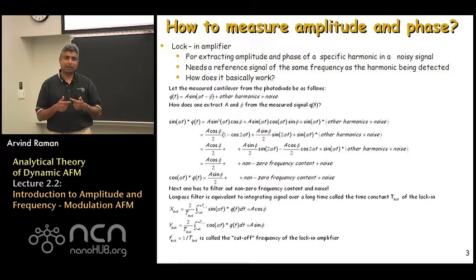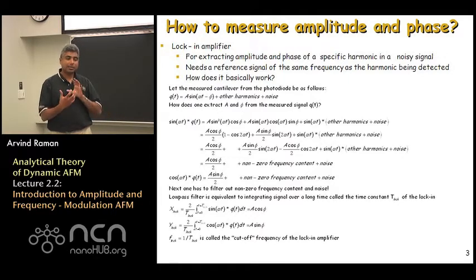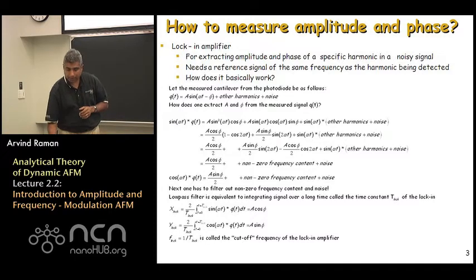Sometimes the inverse of the lock-in time constant is also used, and that's F sub lock, which is the cutoff frequency, basically. That tells you, when you look at the product of q(t) with sine omega t or cosine omega t, what frequencies you're filtering out. So basically, we have what's called a low-pass filter. We're trying to filter out the noise and just extract the DC component of the signal. So that's the essence of a lock-in amplifier.